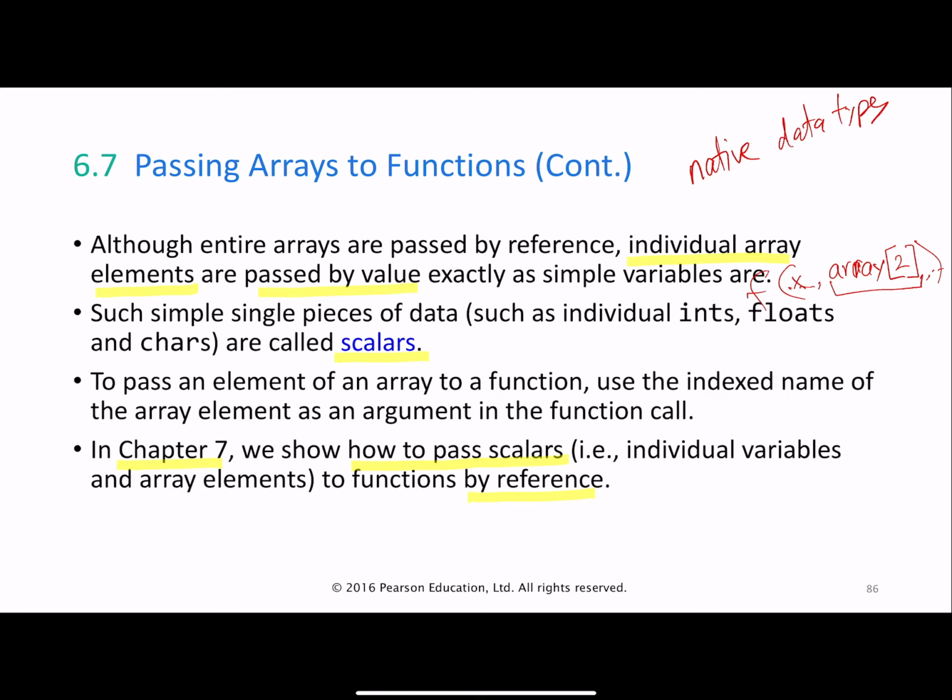And another name for them, for the integers, floating point numbers, double precision floating point numbers, characters, another name for them is scalar. So we will demonstrate how to pass an element of an array as a scalar in the next example.